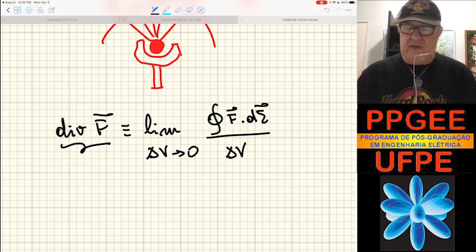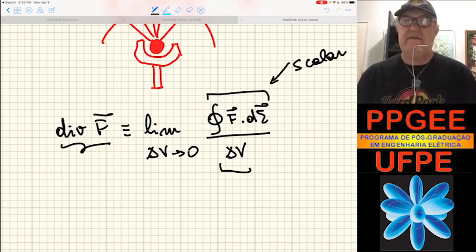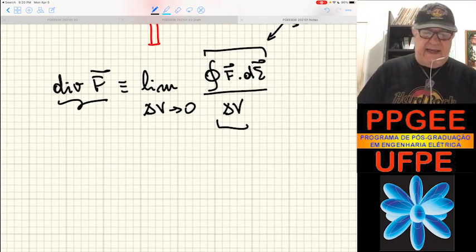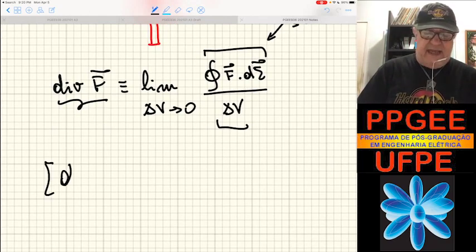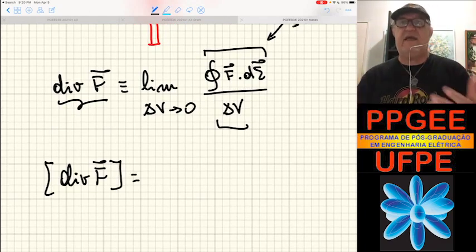The result is going to be a scalar divided by scalar. So this is a scalar parameter, right? And in addition, the physical dimension of divergence of F can be inferred just looking at the definition.